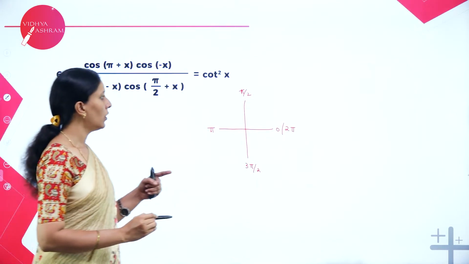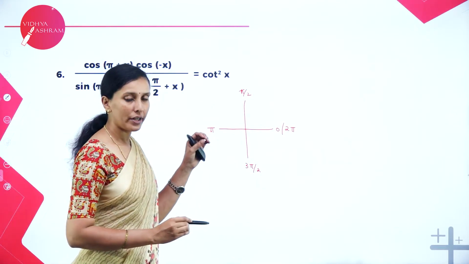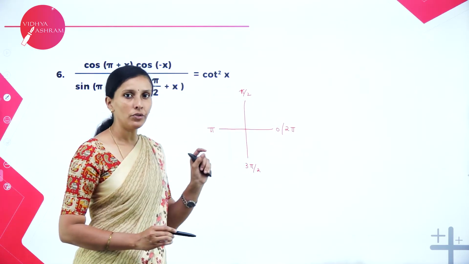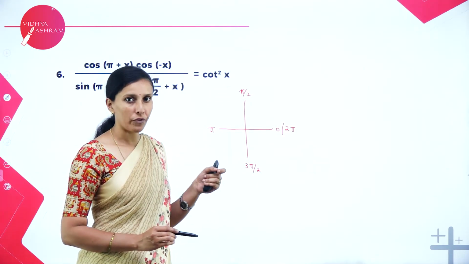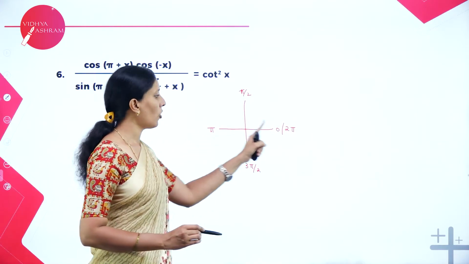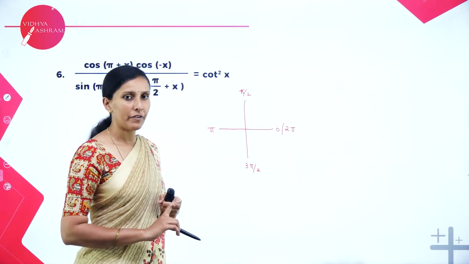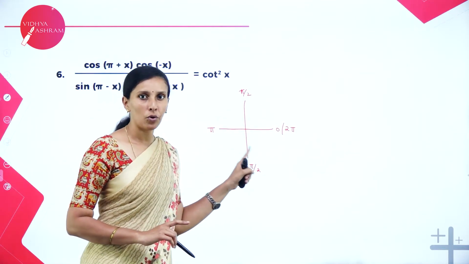Now we know the rule that whenever any trigonometric function is allied with pi by 2 and 3 pi by 2, function changes to its co-function. When it is allied with pi or 2 pi, function remains the same. And sign of the trigonometric function depends upon the 4 quadrants.